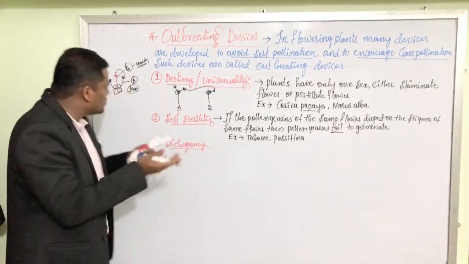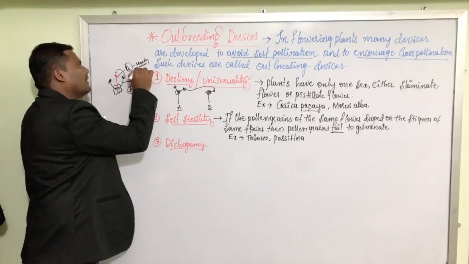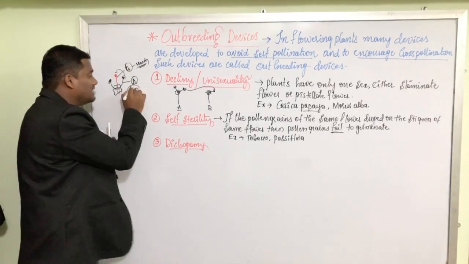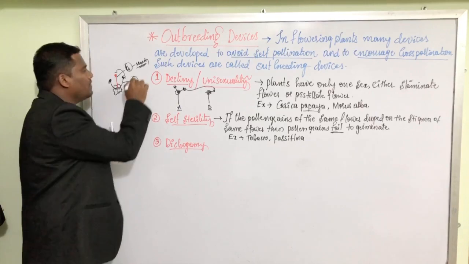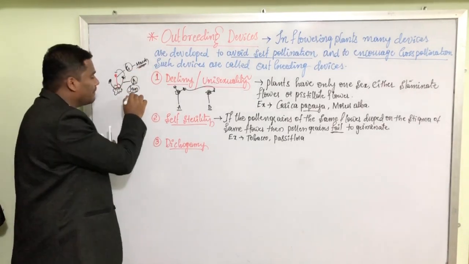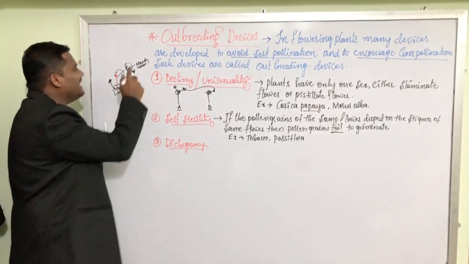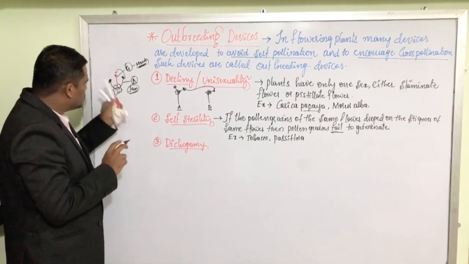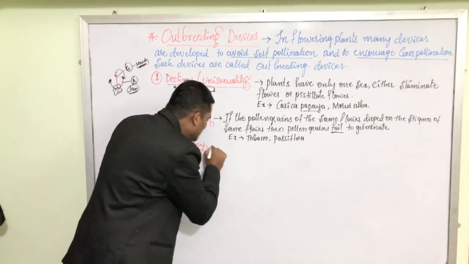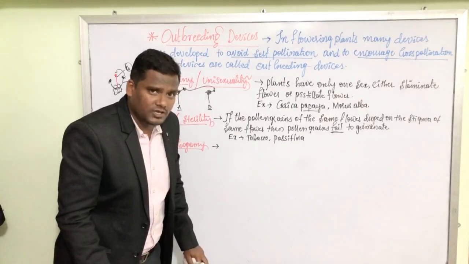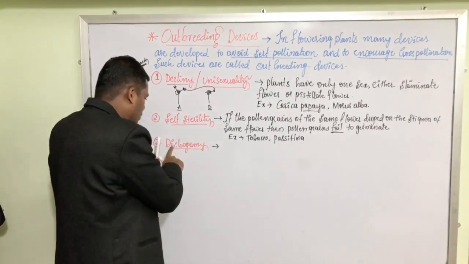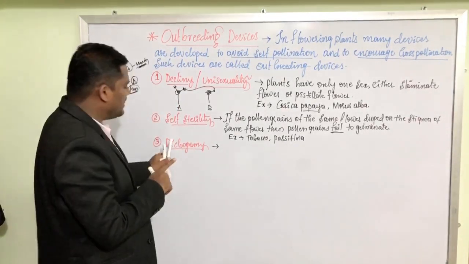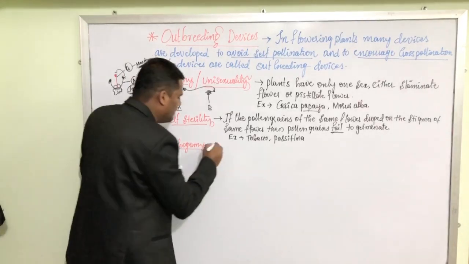In common words, Dhula is ready, but Dulhan is not ready. Dhula is ready in the month of January, whereas Dulhan is not ready in the month of January. She will be ready in the month of March. So there are two different maturity times of androecium and gynoecium. Such condition is called dichogamy.